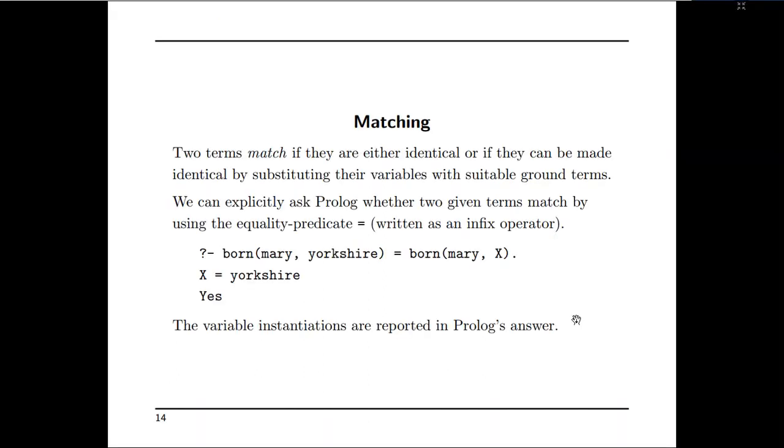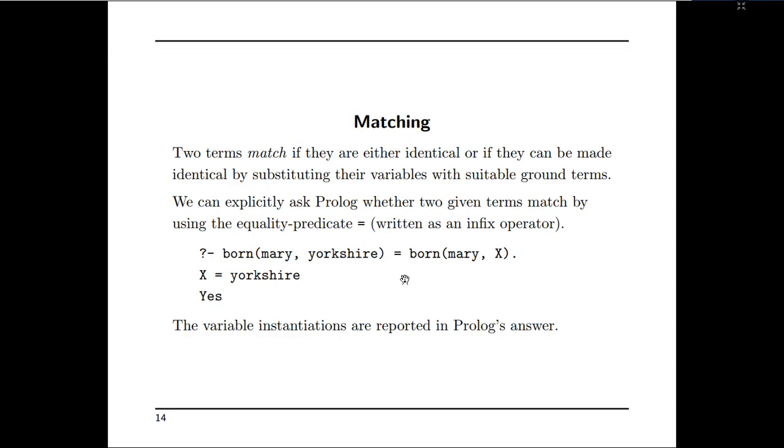Next, matching variables. Born of Mary comma Yorkshire is equal to born of Mary comma X. Yorkshire is assigned to X, and now it will be checked whether Mary was really born in Yorkshire or not.